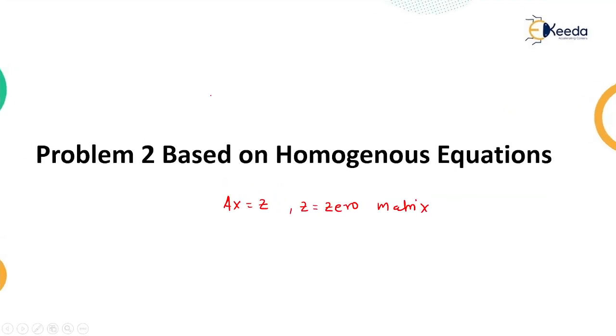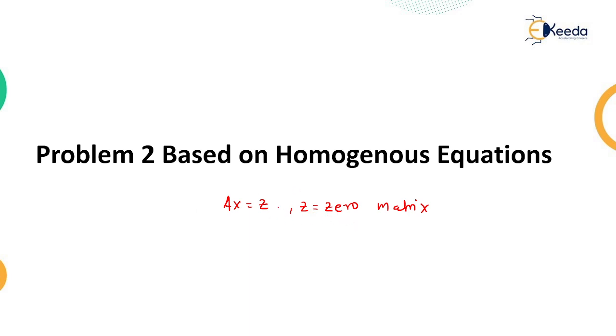Hi everyone. Today we are going to discuss problem number 2 based on homogeneous linear system of equations. You know what a homogeneous system is. A homogeneous system is AX = Z, where Z is called the zero matrix.